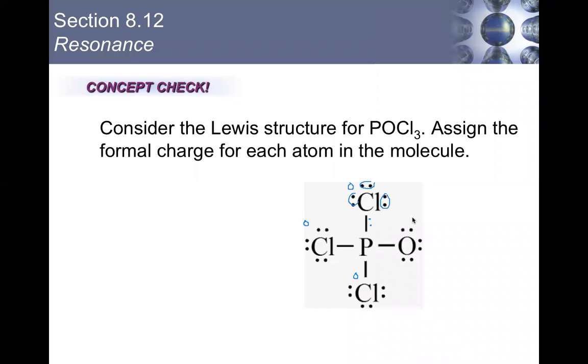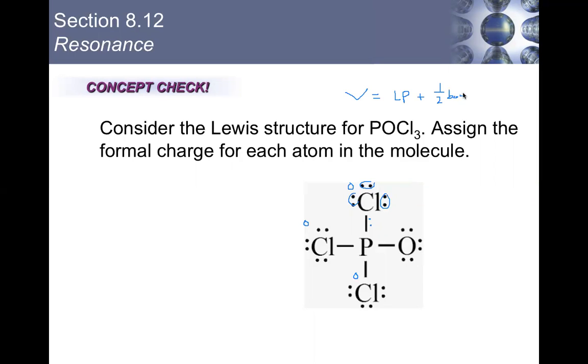What about oxygen? It's 2, 4, 6 lone pair electrons. So it's always valence electrons equals lone pair electrons plus half of the bonded or shared ones.